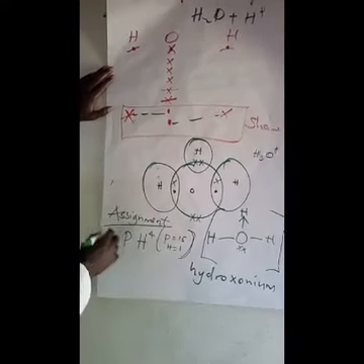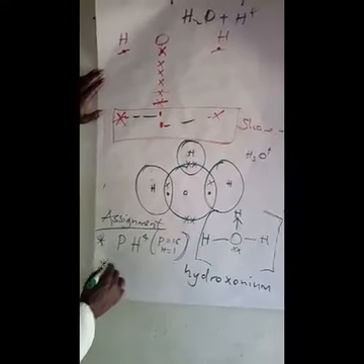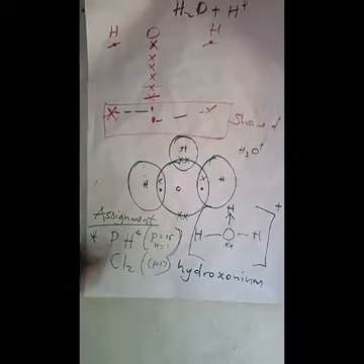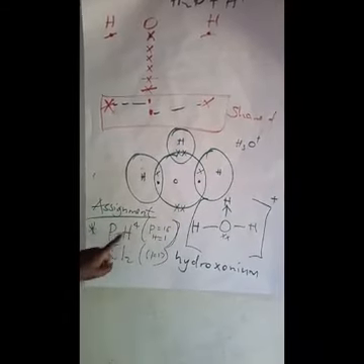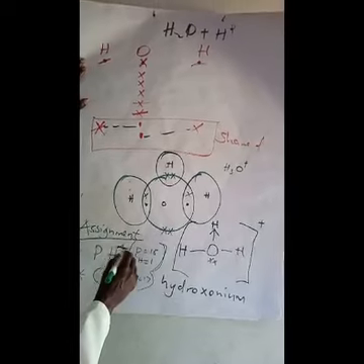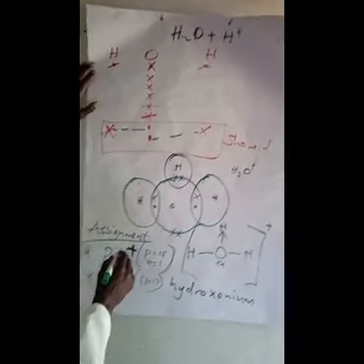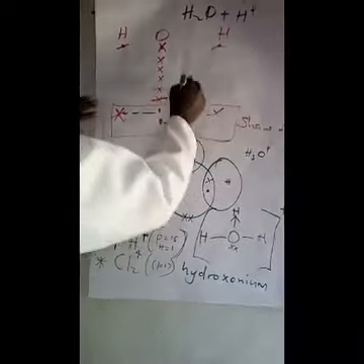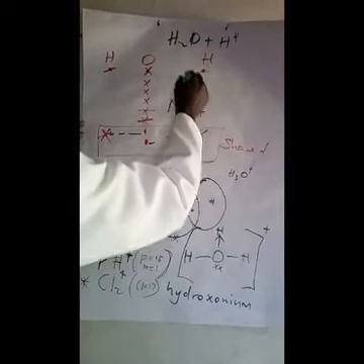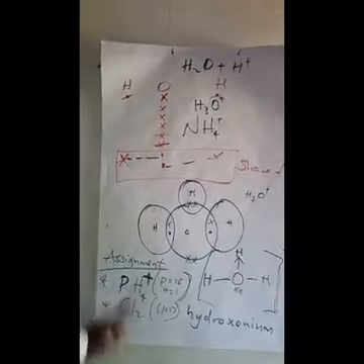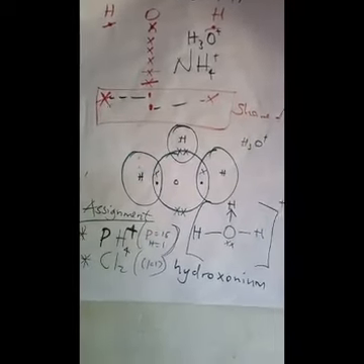Try that in your own time, alongside chlorine. Please pardon my pace. PH4 plus should look like NH4 plus and H3O plus. So try this, and then all shall be well.